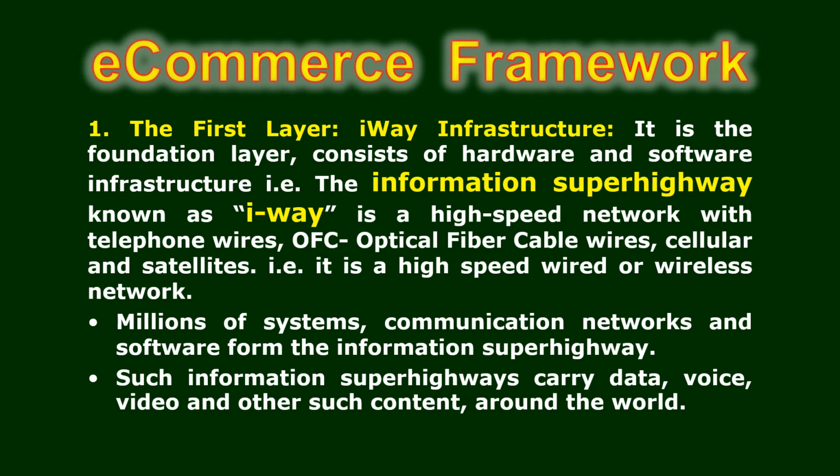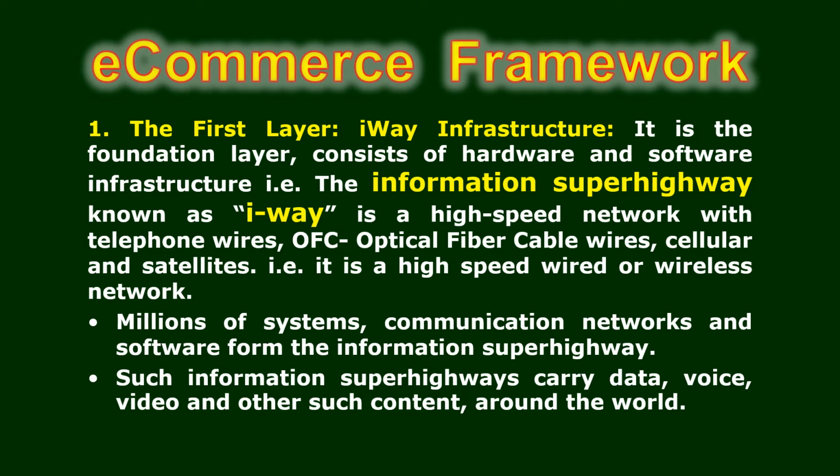That is, it is a high-speed, wired or wireless network. Millions of systems and communication networks and software form the information superhighway. So the information superhighway consists of millions of systems with communication networks and the required software.